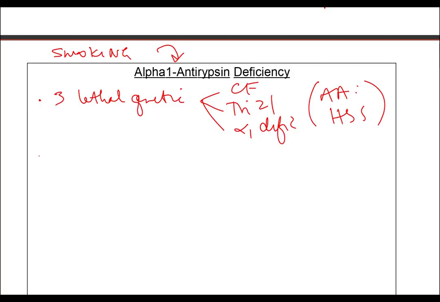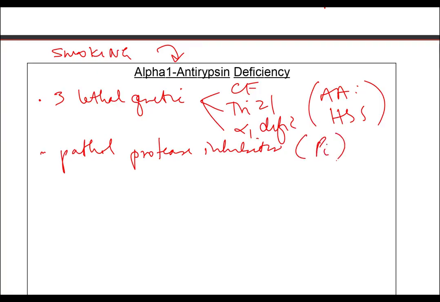Remember how the pathophysiology of this disease works. It is a defect in a specific protein, and that protein is a protease inhibitor. That's why it's called PI, for protease inhibitor. The commonest form we have in normal people is PiMM.